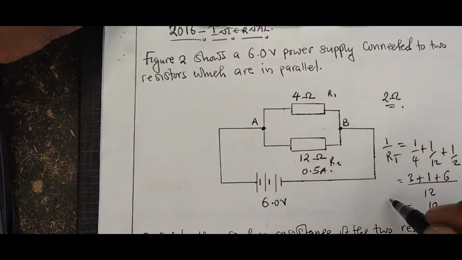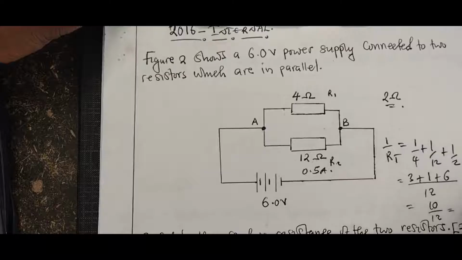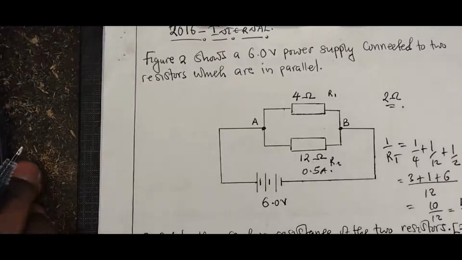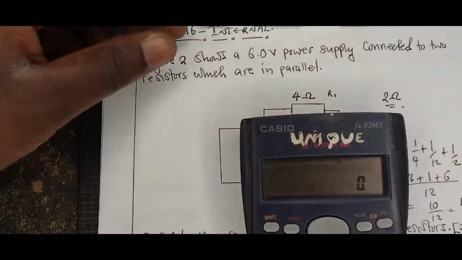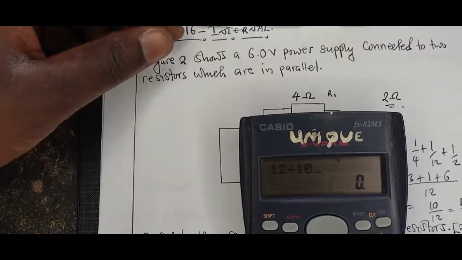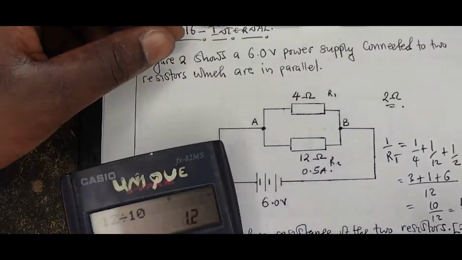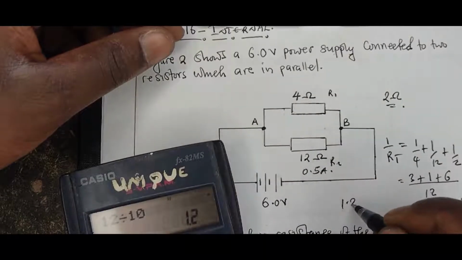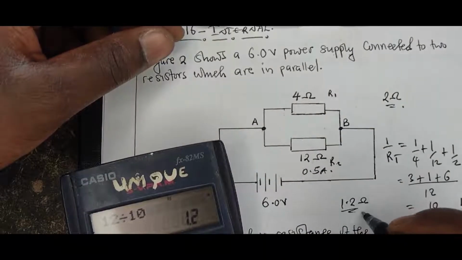This is just a reciprocal, so it will be 12 divided by 10, and we are going to find 1.2. 1.2 will be the total resistance.